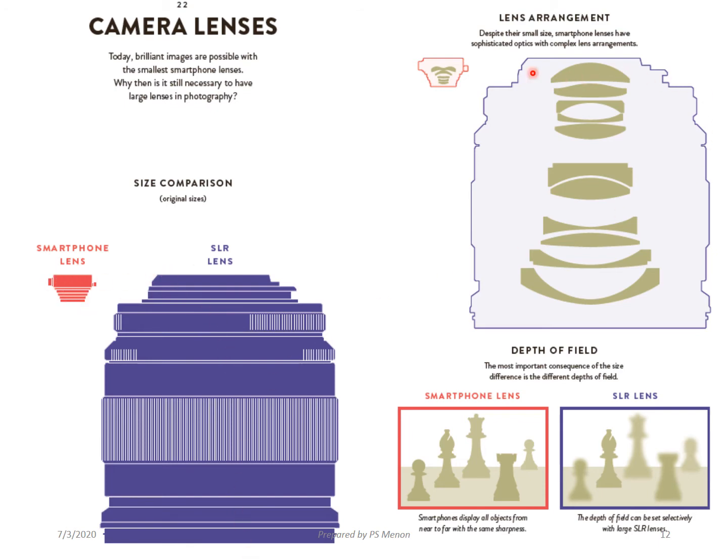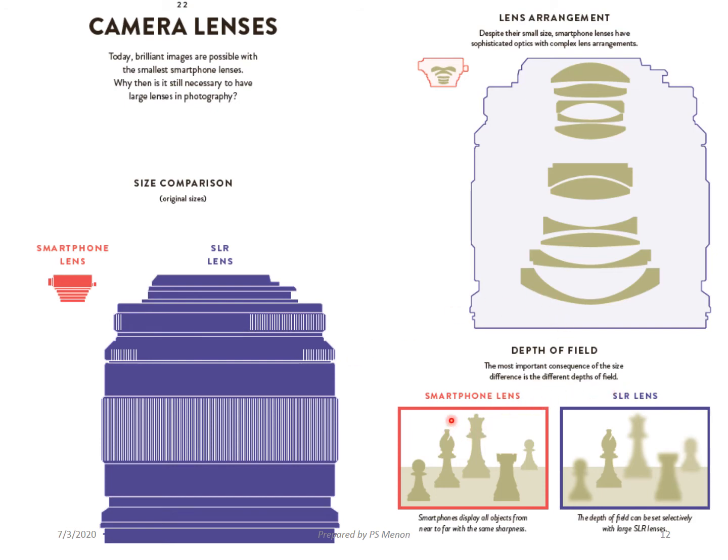And in terms of the lens arrangement, despite their small size, smartphone lenses have sophisticated optics with complex lens arrangements. Okay, so there are many different types of lens in a smartphone, and of course in an SLR there are more complex lens arrangements. So the most important consequence of the size difference is the different depths of field.